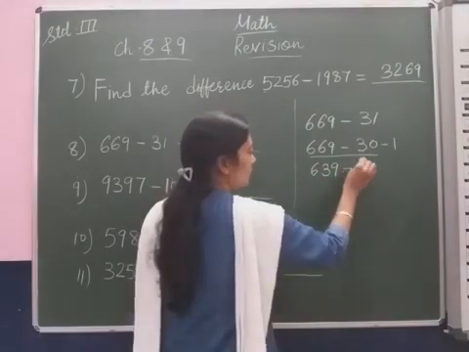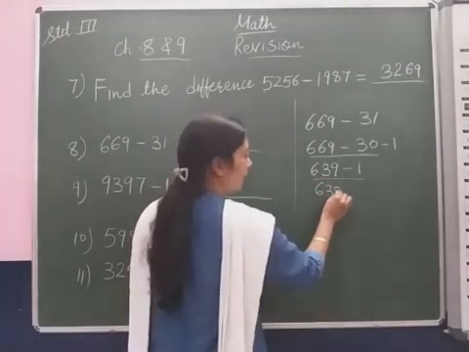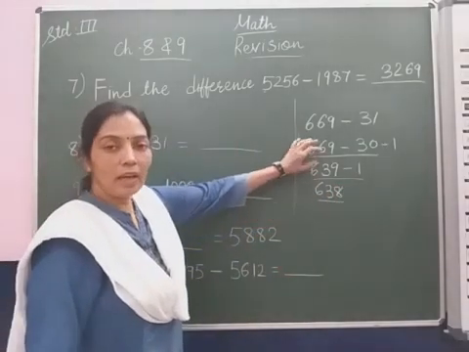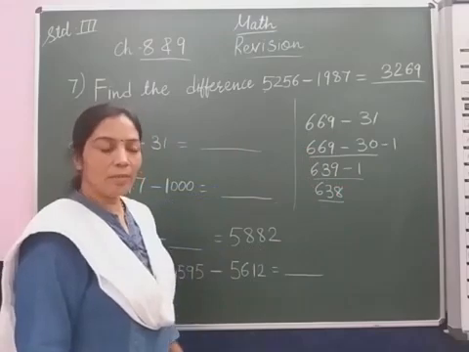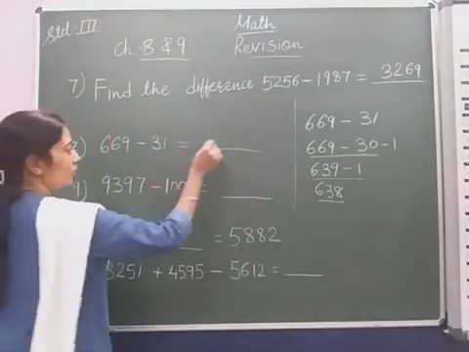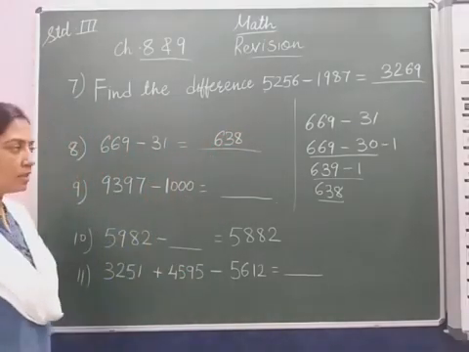Now I subtract 1, I get the answer 638. Okay, so this is the breaking up method, subtraction by breaking the number. So we get 638 as the difference.